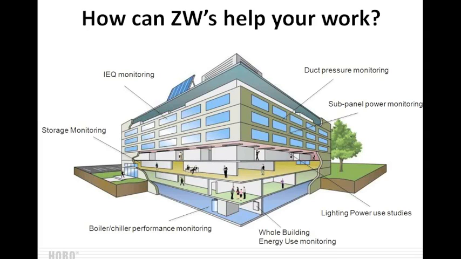I'm going to walk you through an example of that with a lighting power use application towards the end of the presentation. But that's another example of sub-panel power monitoring, where you may be able to monitor the circuit panel that supplies electricity to certain lights in order to track the energy use of very specific pieces of equipment.